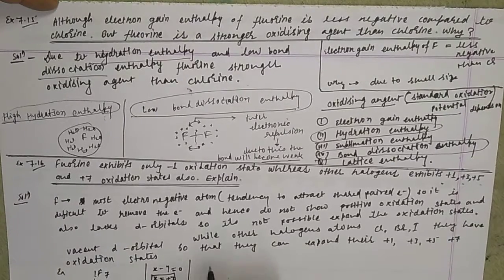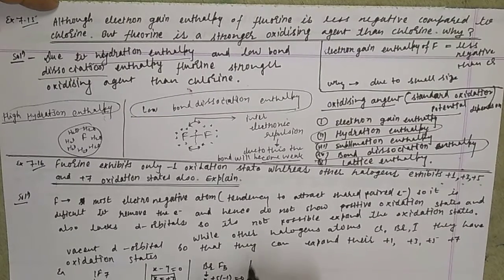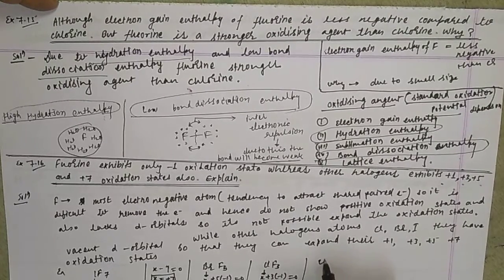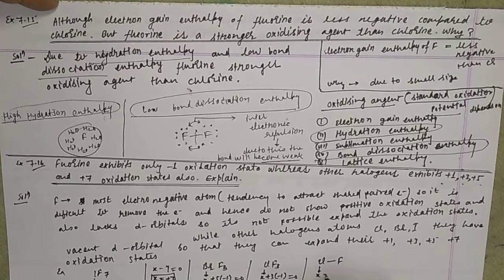Okay, next one, BrF5. If bromine is X, then X plus 5 times (-1) for fluorine equals 0, so X minus 5 equals 0, and X is +5. Suppose ClF3: X plus 3 times (-1) equals 0, so X is +3. Next, suppose ClF: X plus (-1) equals 0, so X is +1.